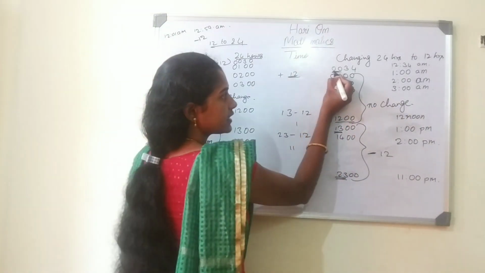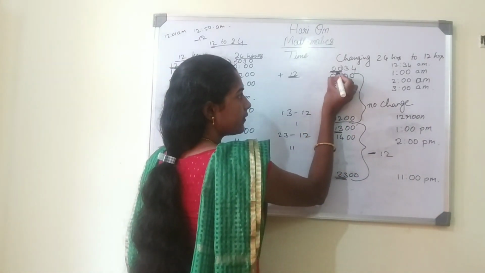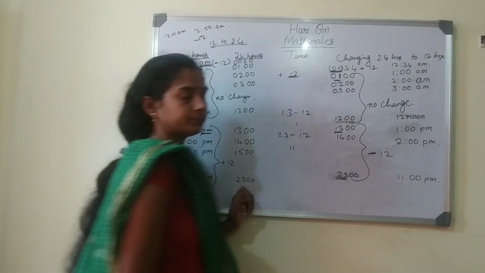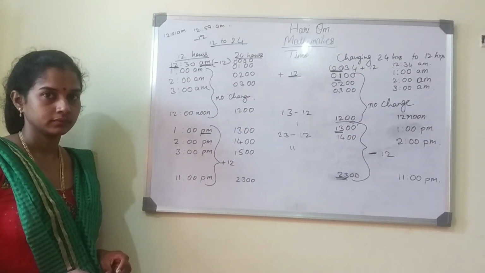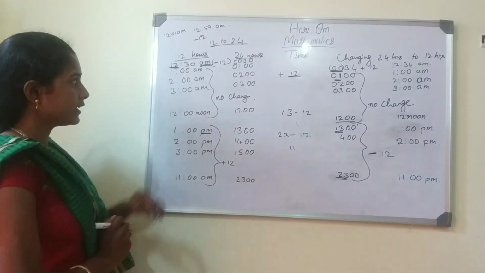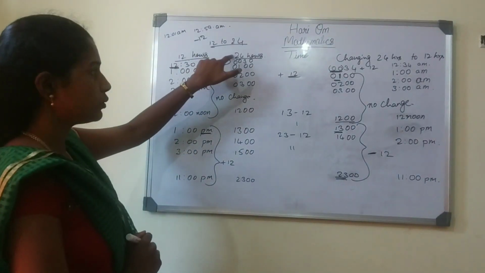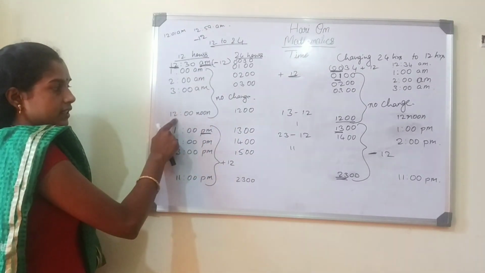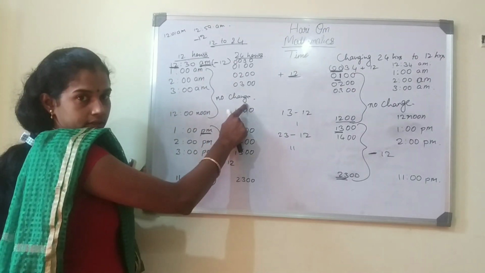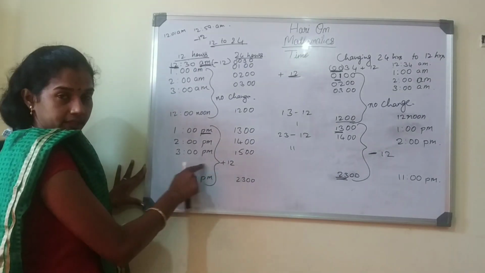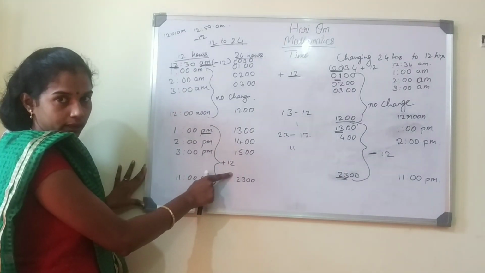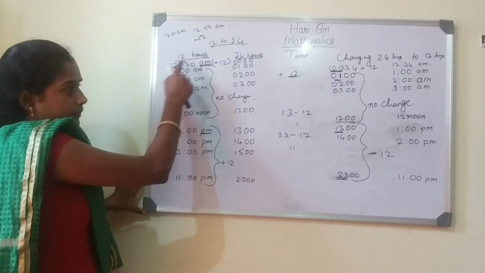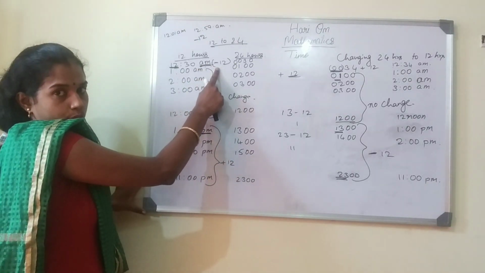And if the hour is 0, here again plus 12. Understood, children? Once again, changing from 12 to 24 hours: in AM till 12 noon, no change. Only in PM we add 12. And if it is 12 AM, it is minus 12.